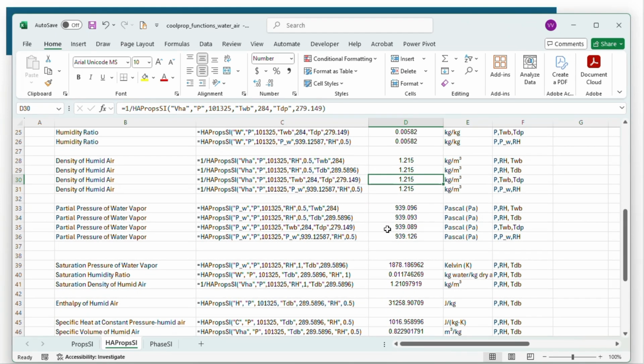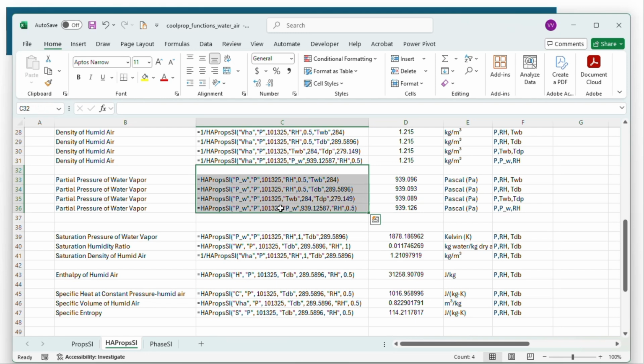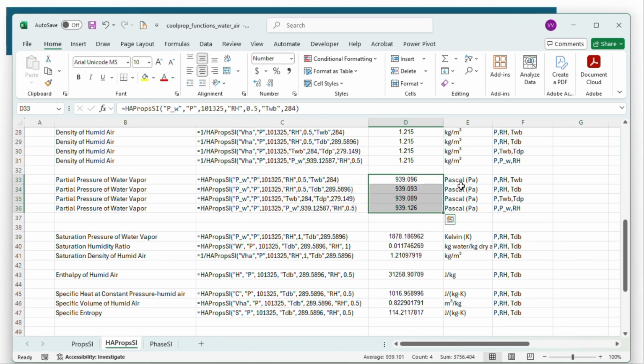You can also calculate the partial pressure of water vapor using the P underscore W parameter. So that will be the Pascal's value, how much the pressure of water vapor is in the mixture. The remaining pressure is air pressure. So if your total pressure is 101325 and the partial pressure of water vapor inside that is this, then the remaining is of the dry air.